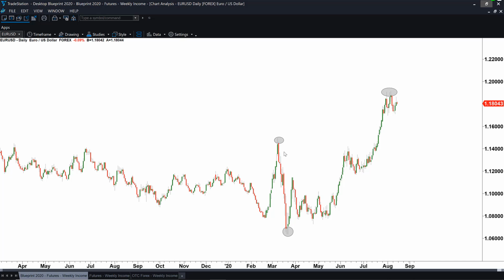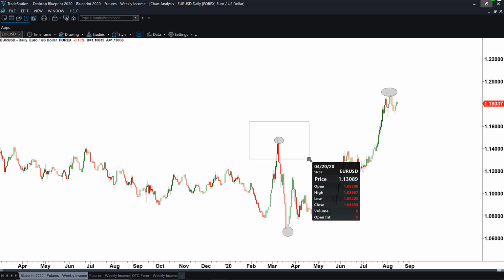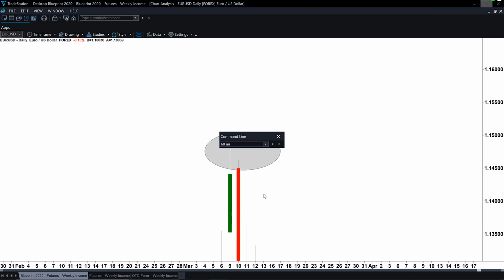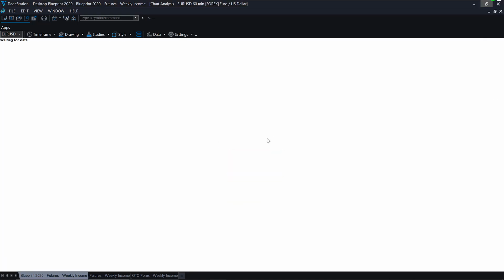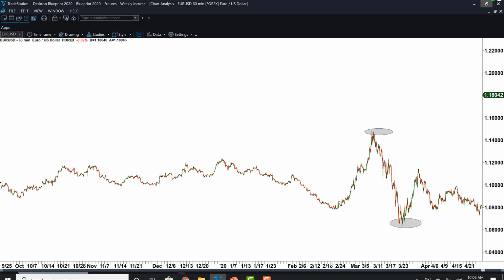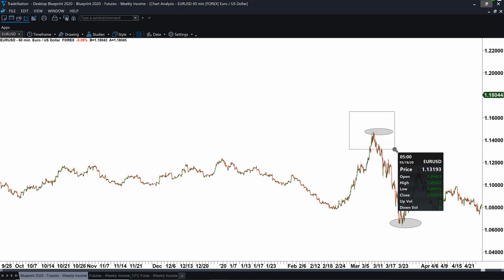All right. So first of all, let's zoom into this one right here. And we also have to go down to a lower time frame at that point just to understand where 5 p.m. really comes into play.